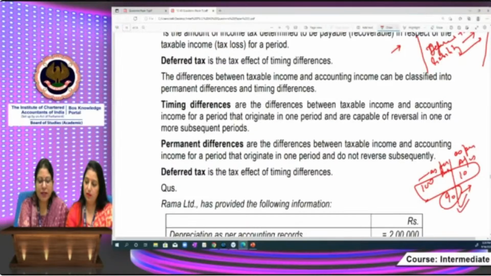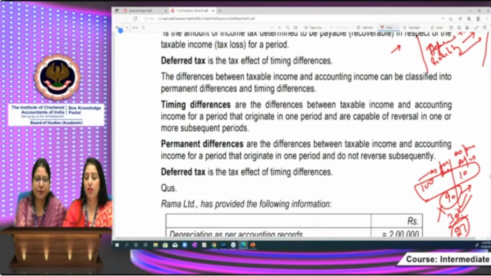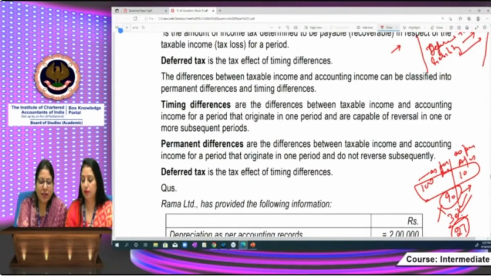On this difference of rupees 90, if a 30% tax slab applies, we will create a deferred tax liability, because in coming years it is going to reverse. When you go to next year, what will be the impact? It will reverse. Next year I will have to pay more tax, because I am saving the tax today. So I will have to pay more tax in comparison to my accounts.